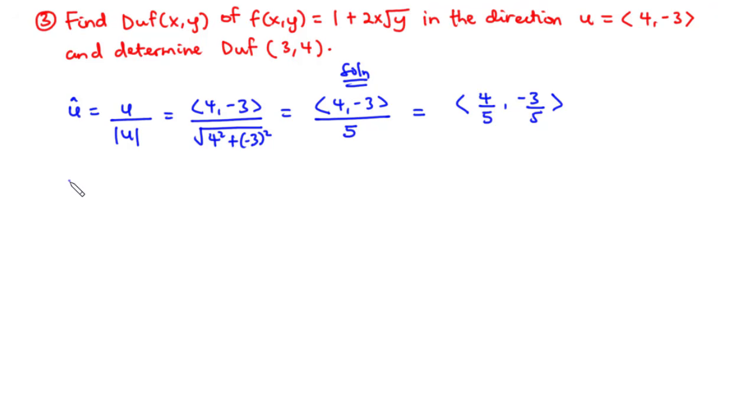Next, let's move on to the partial derivatives of the function with respect to x and y. So we have fx, now considering this function, we are going to differentiate with respect to x. We differentiate this constant, we have 0, plus we keep 2 times the square root of y as constant.